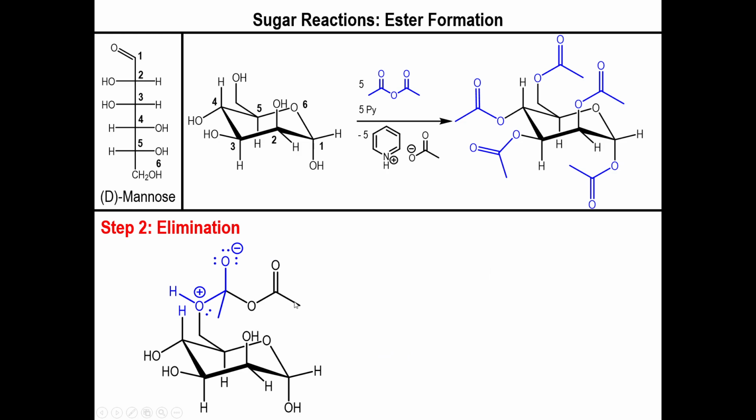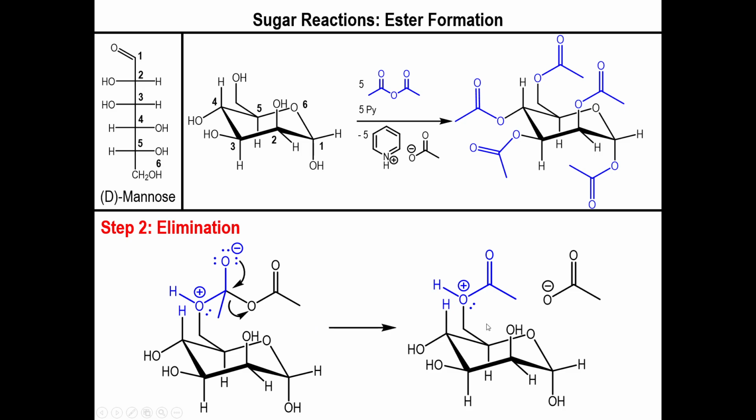Now here what will happen is that the oxide that we have generated will simply use a pair of electrons to reform the double bond, and that act will push out the semi-decent leaving group, acetate. All right, so this will ultimately generate your protonated ester and one equivalent of acetate.